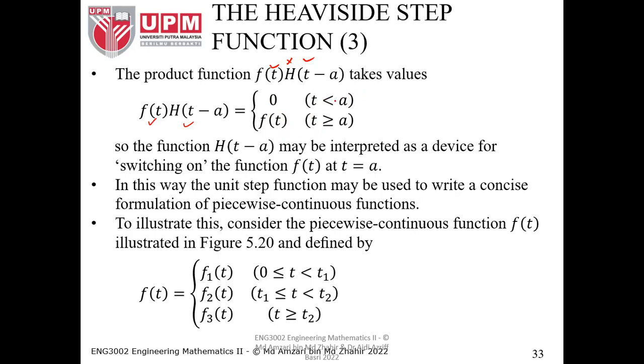When t is below a, it becomes 0. When t is bigger than a, it becomes the f(t) function. H(t minus a) may be interpreted in terms of a device of switching, like a jet logic diode, 1 and 0, something like that. Okay, the Heaviside step function will act as this.